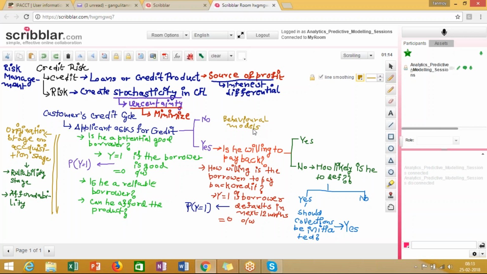The behavioral models are developed at the account management stage.